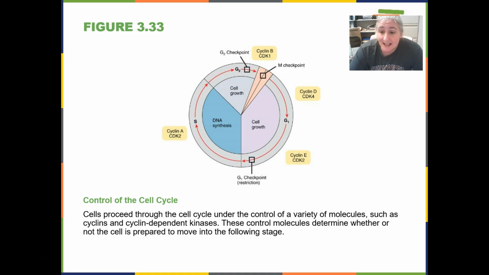Cyclin and CDKs are your proteins that watch the cell cycle and make sure everything is working properly. And so there are 3 different checkpoints that your cells go through to make sure that the cell cycle is running properly.